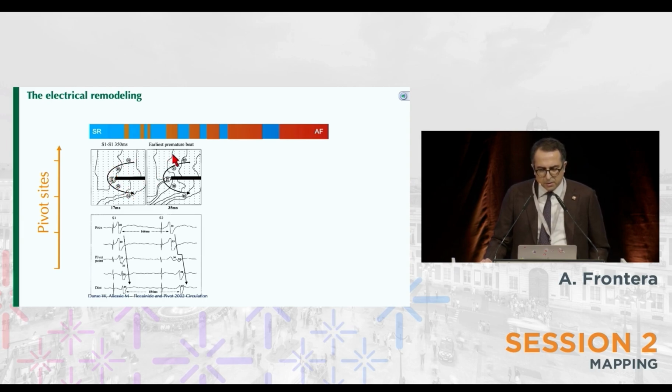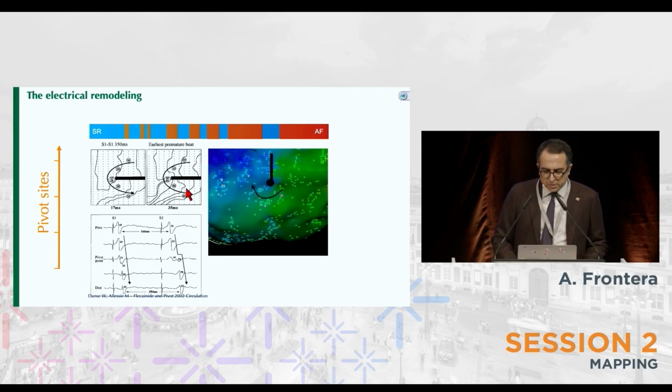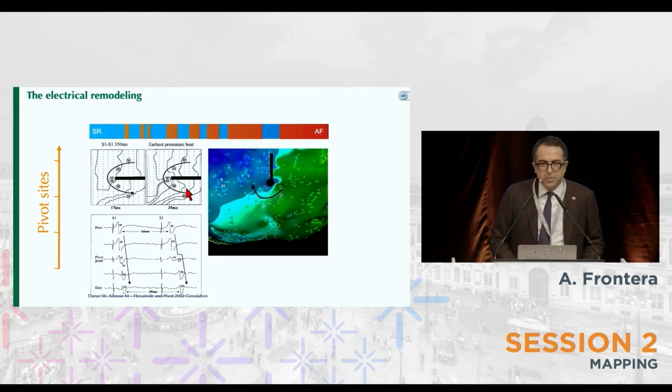In the next panel, they deliver an extra stimulus, and you see what happens after the turning point. You have a crowding of isochrones, and this is a slow conduction, which is functional. And if high density is ensured, pivot sites can also be displayed in our electroanatomical maps. Here you have an example.